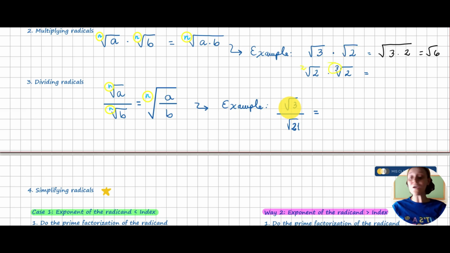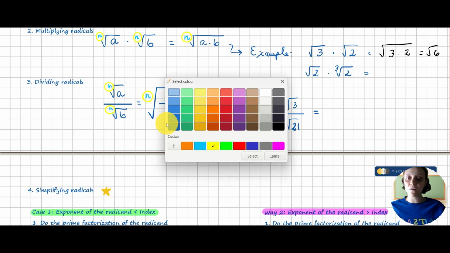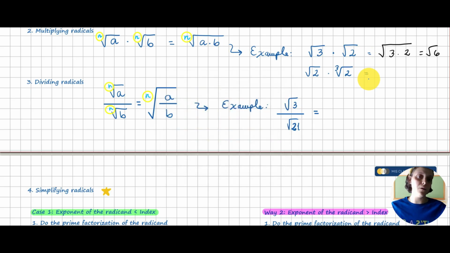So we cannot operate the way this property lets us because they don't have the same index, okay? So no operation can be done here with the information we are given, okay? Let's change color for a minute. So here we go. And we keep it just as it is, okay?